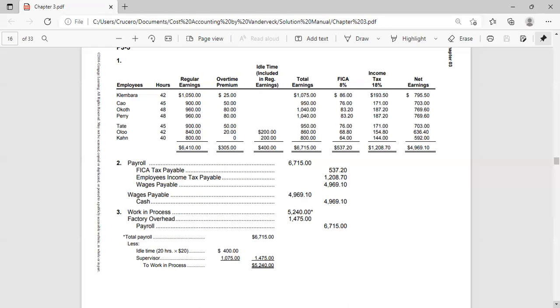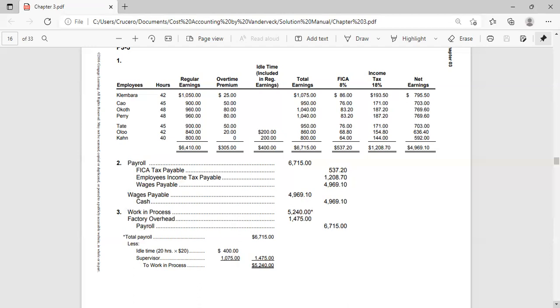We have now the other party with idle time. So as long as you determine it's with 2. So the FICA tax payable, employees income tax, and wages payable in the summary.